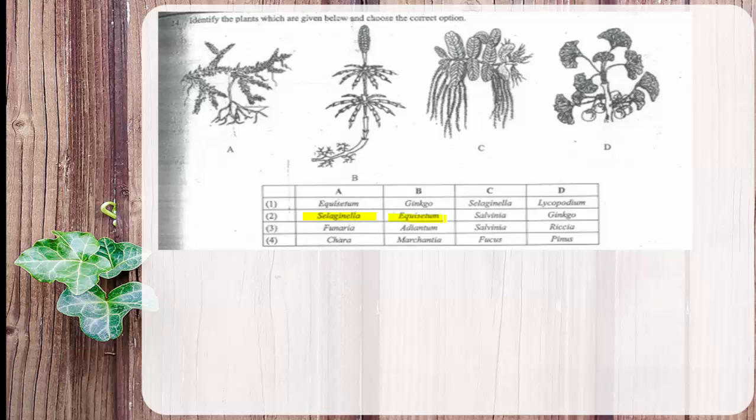B is Equisetum, belongs to Sphenopsida. Then Salvinia, heterosporous. Then Ginkgo is a gymnosperm. So the first 3 are pteridophytes and the last one is a gymnosperm. So these are the names of the plants given in the image.